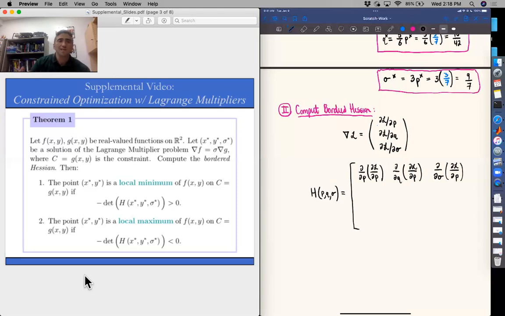And each row will work exactly the same, except the actual thing we're taking the derivative of changes as we go row to row. So let's write these out really quickly. And while I'm writing this, one of the properties of this matrix is that it is still going to be symmetric.